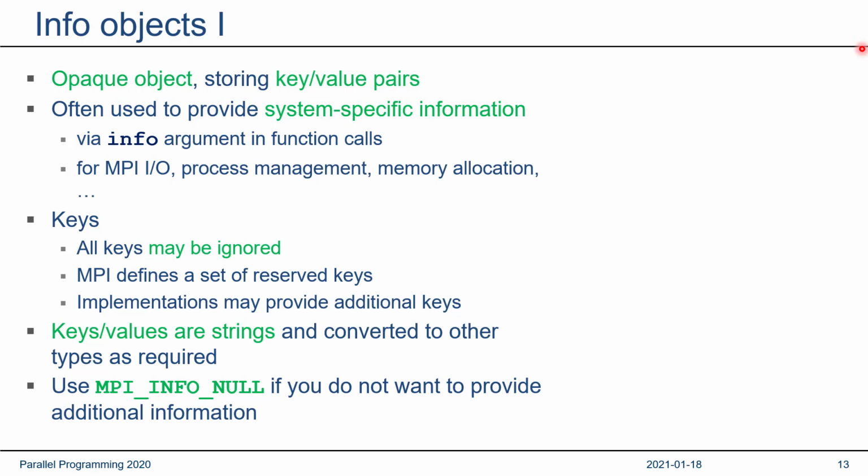There are some reserved keys, we will come to that later, but implementations may provide additional keys. All keys and values in the info object are strings. So what MPI does with these data internally, you don't know, but the interface that you're using for these kinds of objects is actually string-based. If you don't want to provide any of the information, you just use MPI_INFO_NULL and be happy, and actually most users do that.